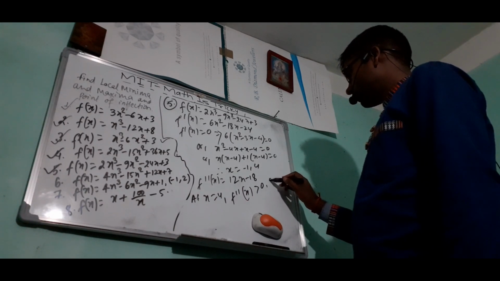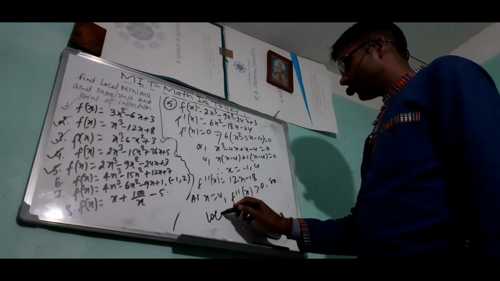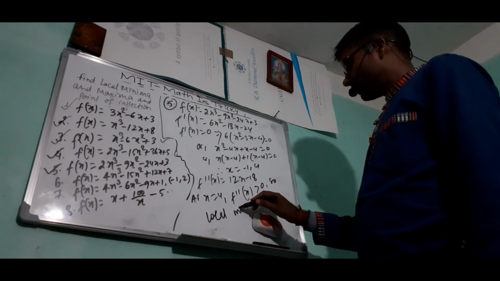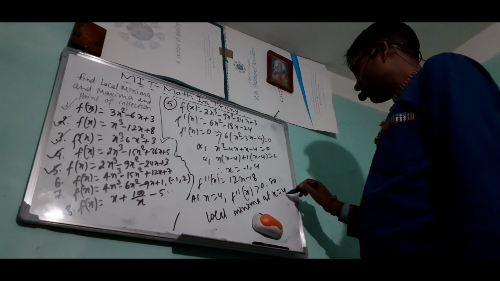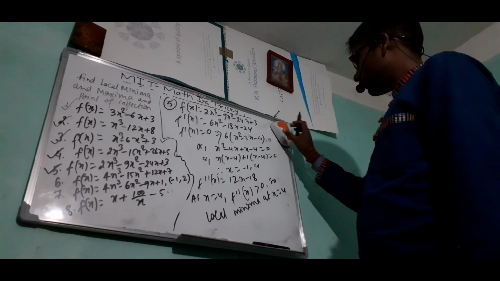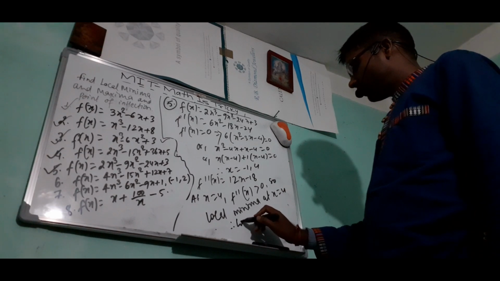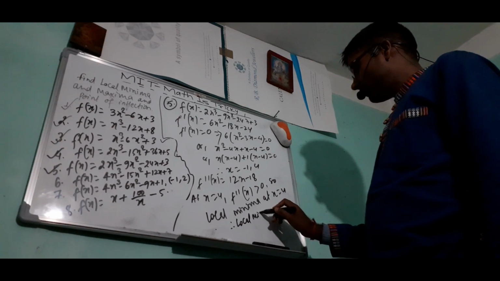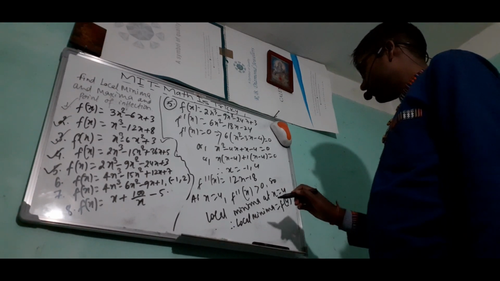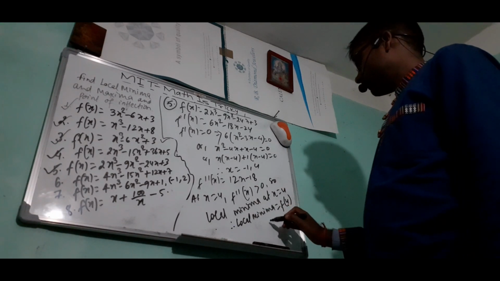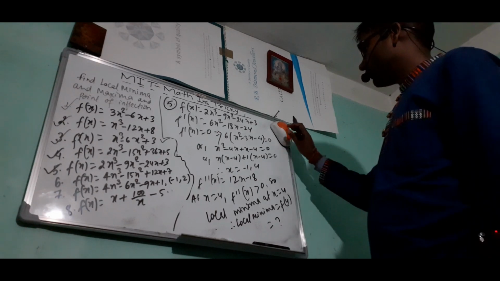So local minima at x equals 4. The value of local minima will be f(4). We can simplify this, you can answer by yourself.